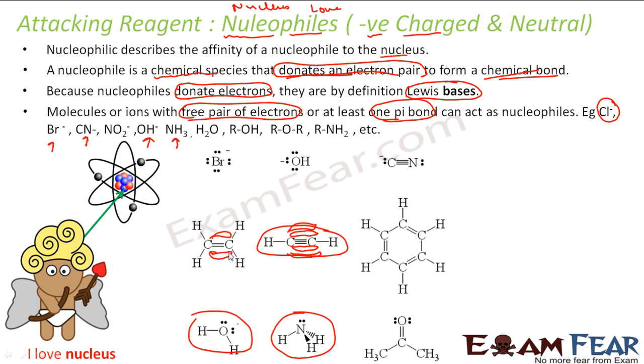So typical examples of nucleophiles are Br minus, OH minus, CN minus, ethene, ethyne. In fact, benzene also has pi electrons, so extra electrons. Benzene can also donate electrons, so it also acts as a nucleophile, but rarely because of its big size. Water, ammonia, all these are my examples of nucleophiles.